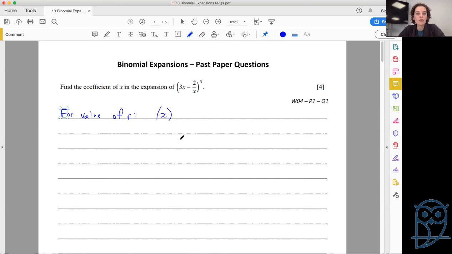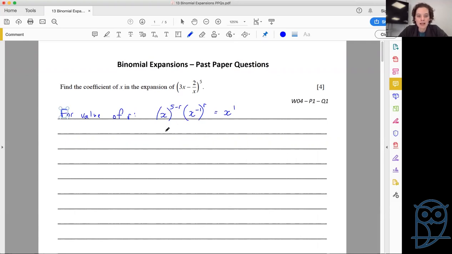When we put it into our formula with its 3, it will have the exponent of, in this case, 5 minus r, n minus r. When we take our x from our b position, in this case it's an x to the minus 1, it's going to get the exponent that's equal to r. So we know that that's going to be the situation for our exponents. We are trying to make a coefficient of x, so we know we're trying to make an x to the 1 term. Normally we wouldn't write the 1, but in this case we need it there.